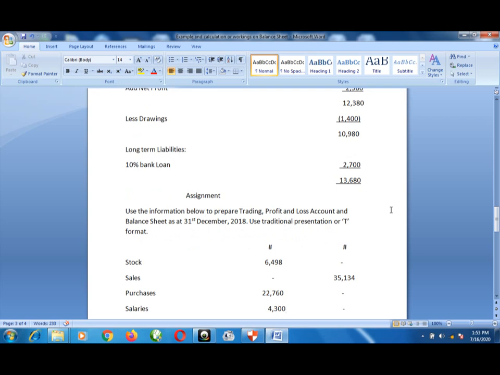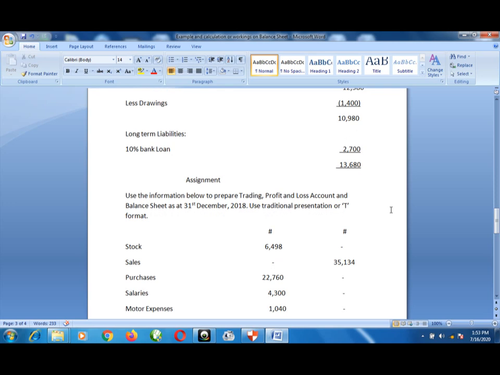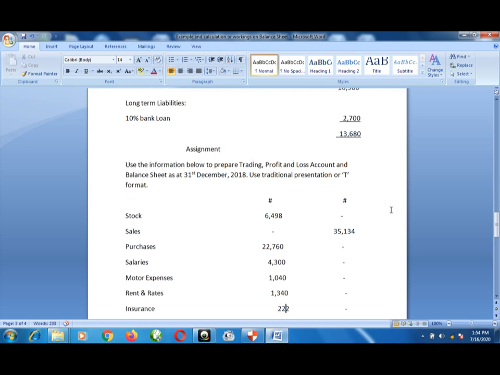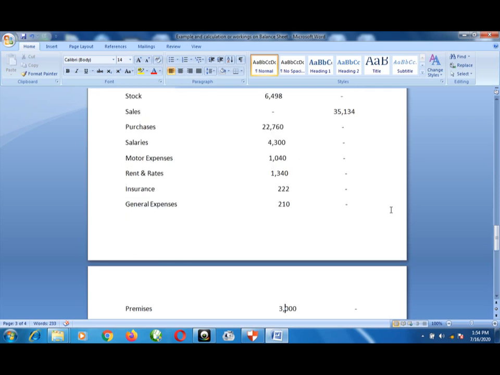This is how it is given. Stock at close is 6,498 naira. Sales 35,134 naira. Purchases 22,760 naira. Salary 4,300 naira. Motor expenses 1,040 naira. Rent and rate 1,340 naira. Insurance 222 naira. General expenses 210 naira.